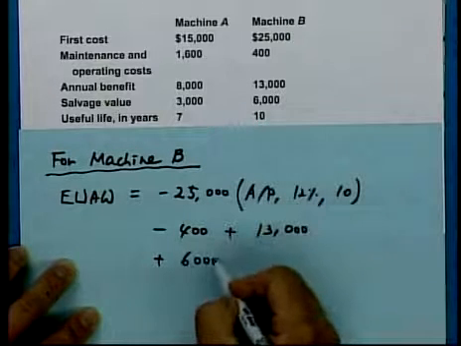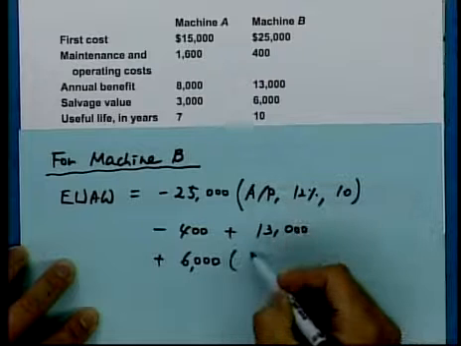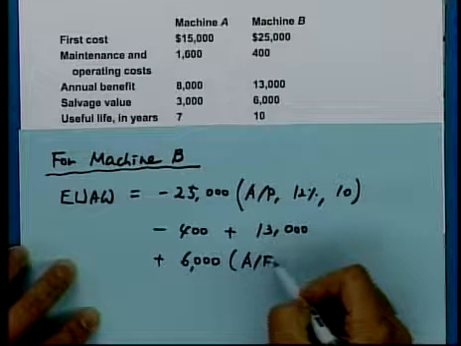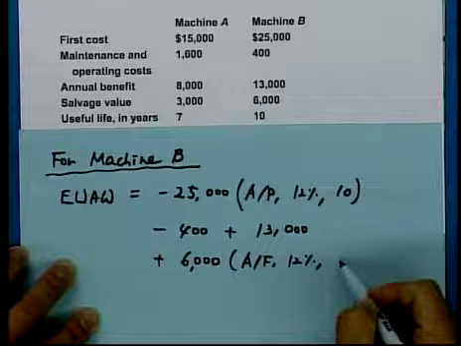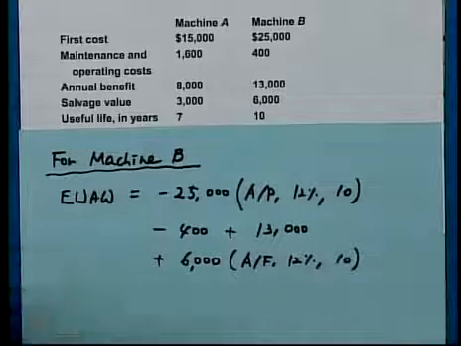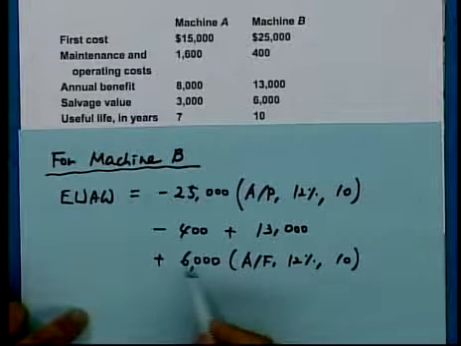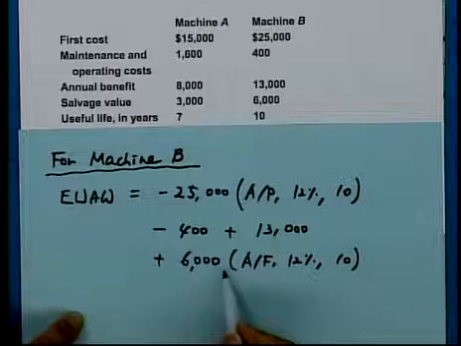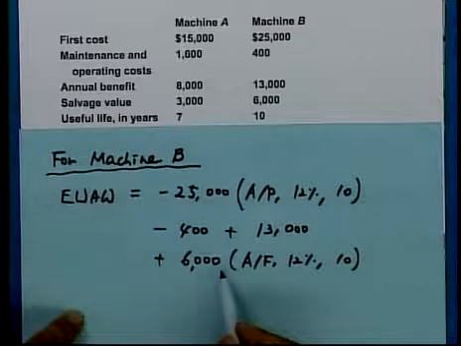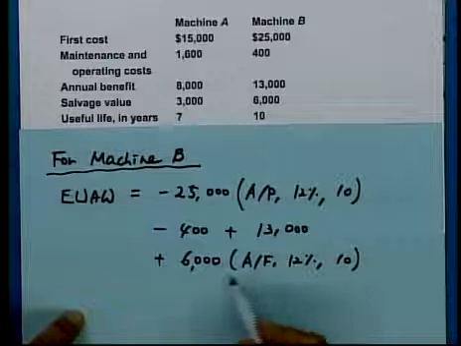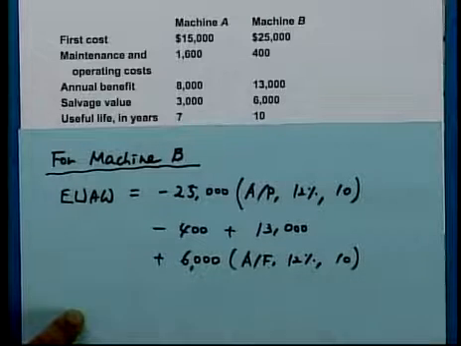So 6,000 times A given F, 12% over 10 periods. Because you need to convert the salvage value to equivalent uniform annual benefit. So you need to multiply by this factor.